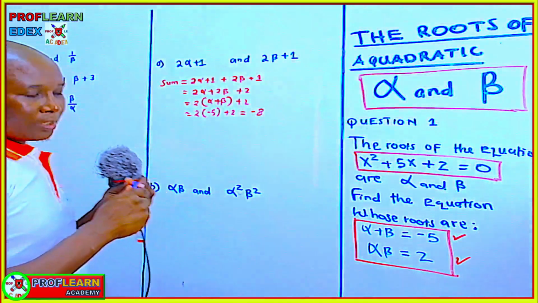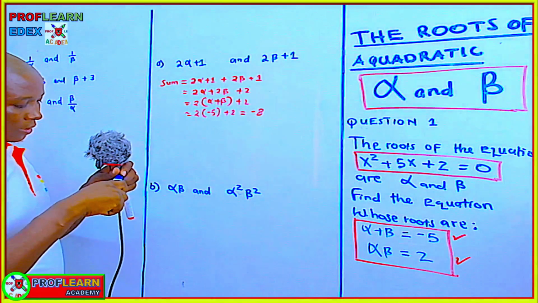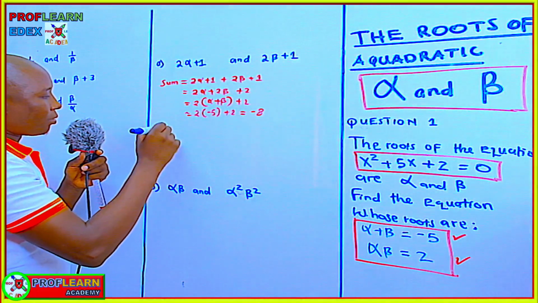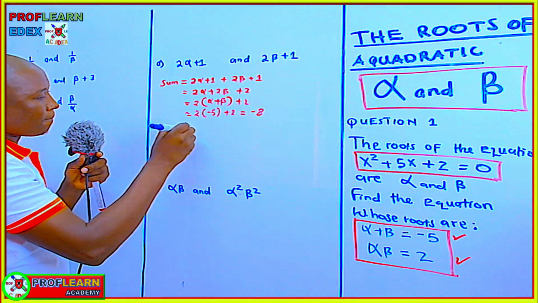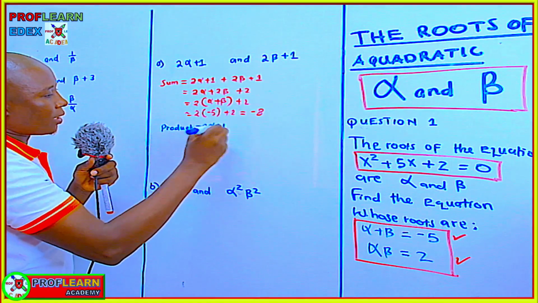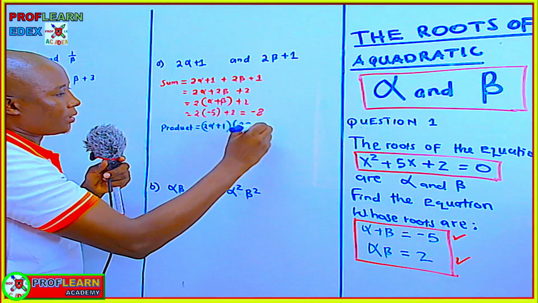Then if we continue, we also need to find the product of the two roots, right? The product is going to be 2 alpha plus 1 multiplied by 2 beta plus 1.